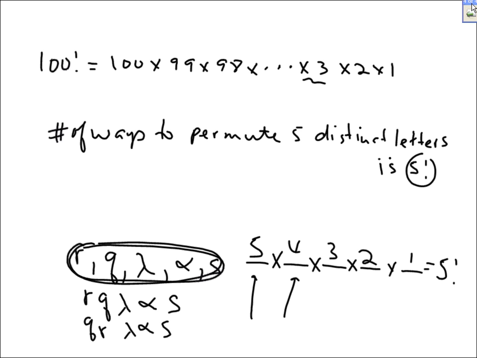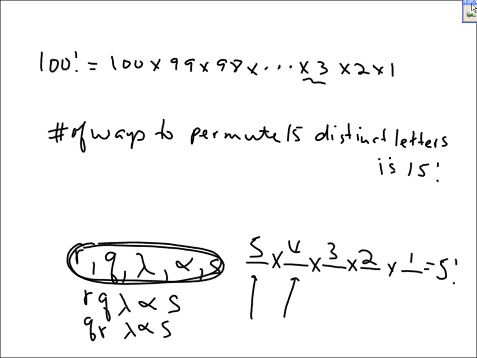The number of ways to permute 15 distinct letters is 15 factorial. The number of ways of permuting 22 different letters is 22 factorial.